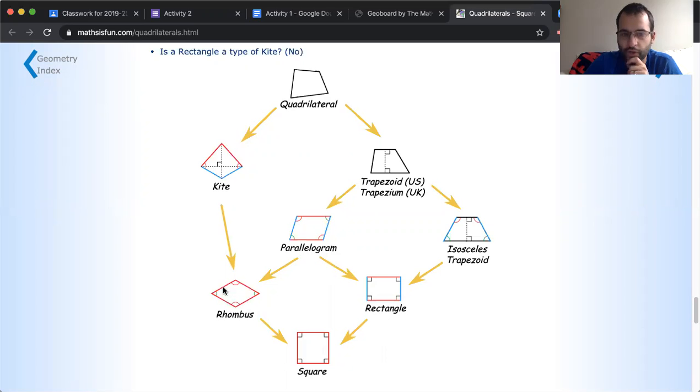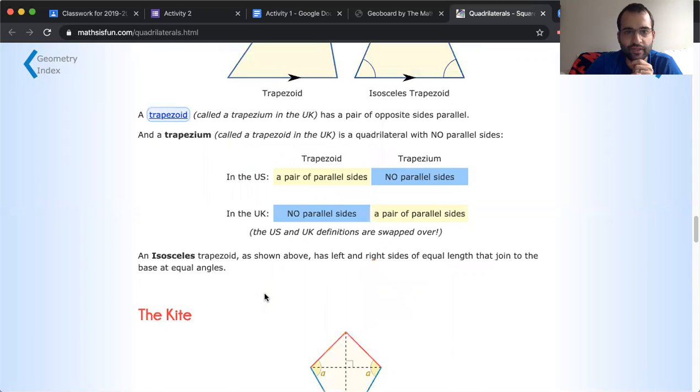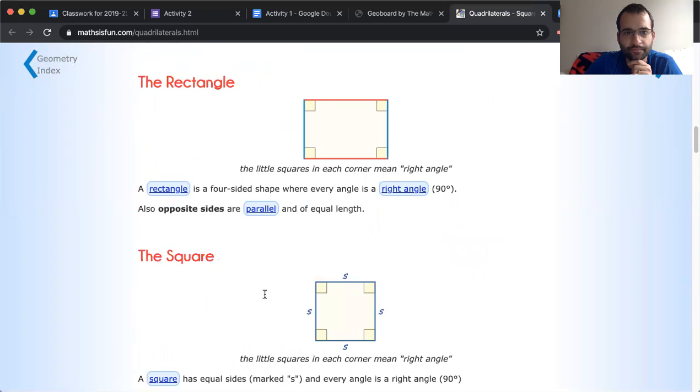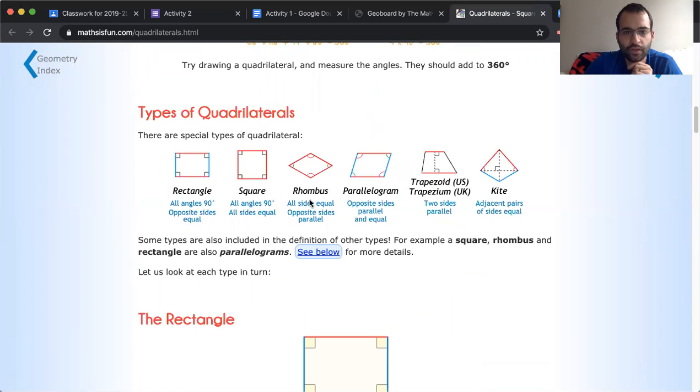A rhombus also has 4 equal sides. But a square has 4 right angles. A rhombus does not. So let's go back to my definitions. All sides are equal. That's true for a square. Opposite sides are parallel. Well, that's true for a square.